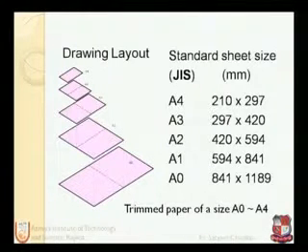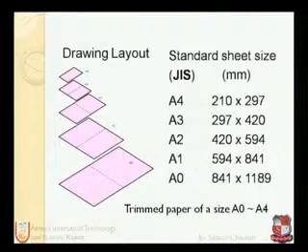But normally in practice we use A0 to A4. They are given by JIS in mm, as we can see on the screen. The trimmed paper size is A0 to A4. A4 size paper is 210 mm by 297 mm, which we use at home as printing paper.